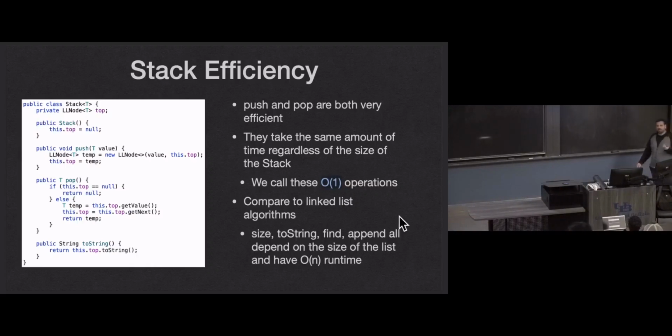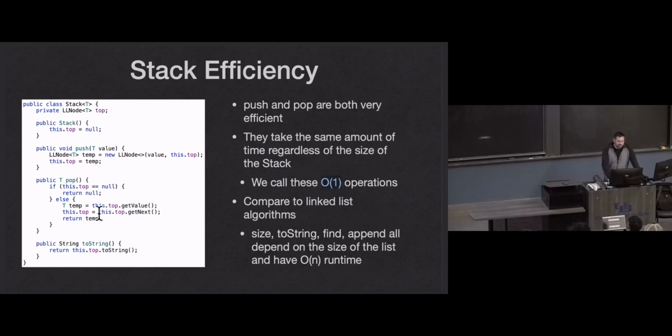So we're artificially restricting users of the stack to only use these efficient O of 1 operations, which is why toString, I wish I had removed it from the slide, but I'll leave it there anyway. Even toString is not allowed with a stack because toString is O of n. It's got to navigate the whole list to print it out.